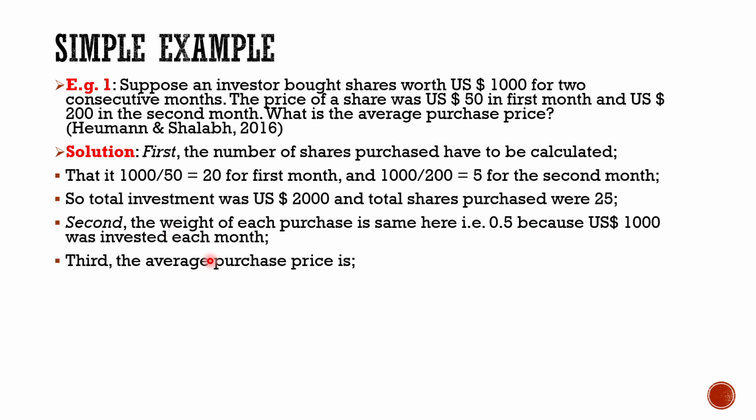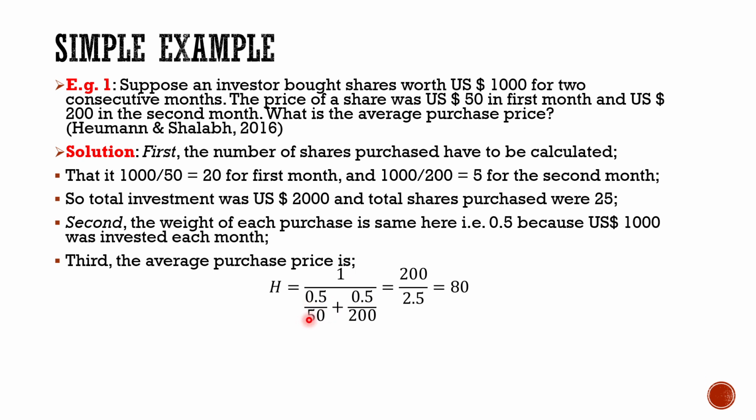We have 0.5 plus 0.5, that is the summation of wi. Now we'll calculate the average purchase price for you, and with that simple example, H is equal to the summation of wi's, that is 1 here, upon w1 dividing it by x1 plus w2 dividing it by x2.